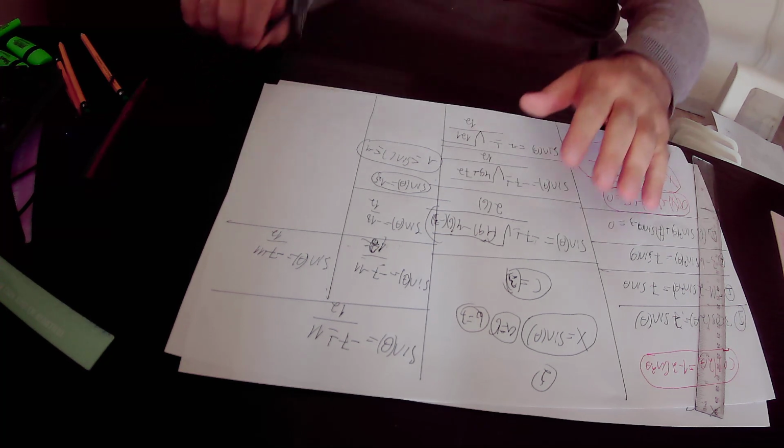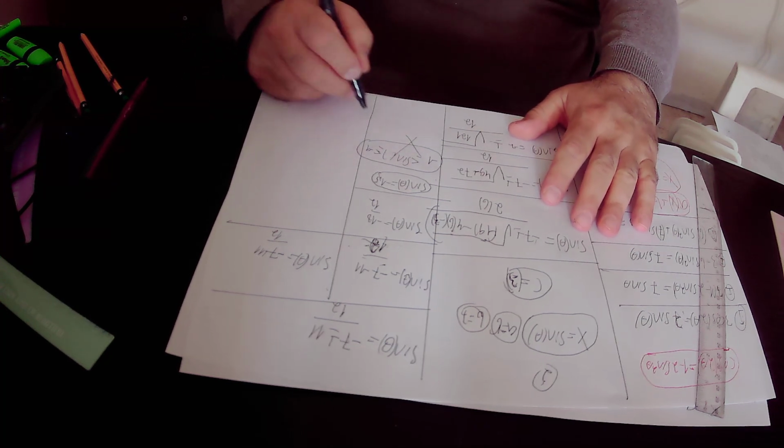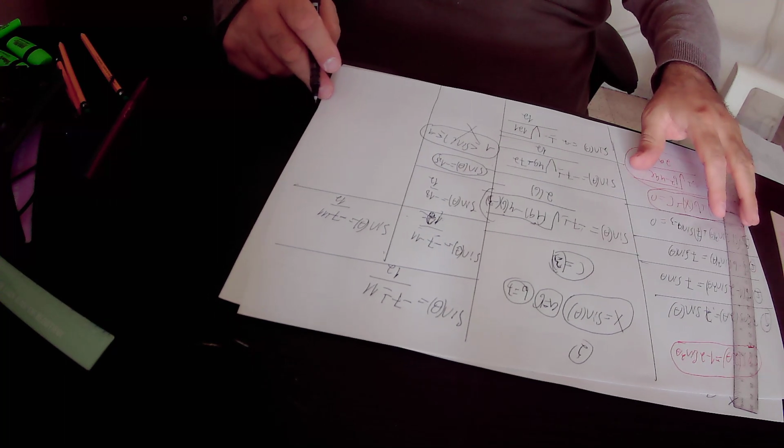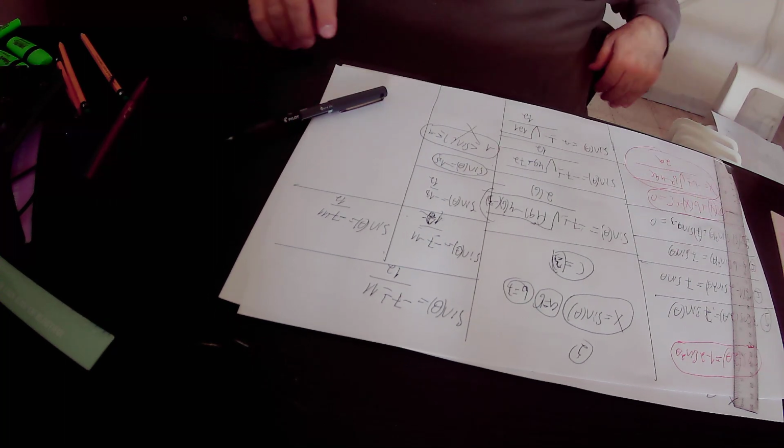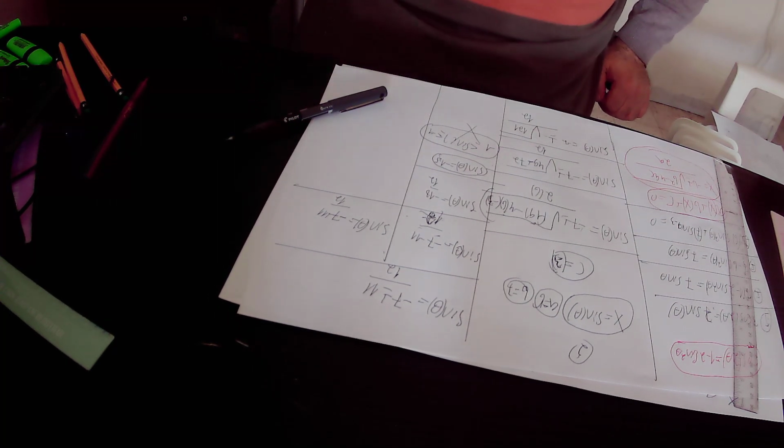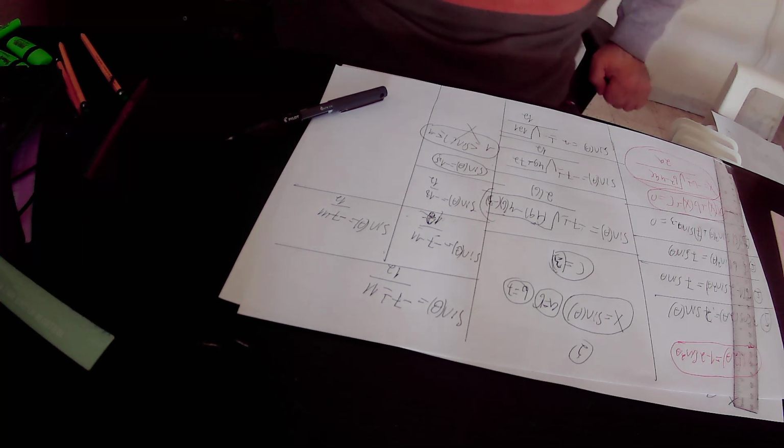Therefore we will cancel this solution, and the only solution that is left is that sinus theta equals (-7 plus 11) over 12.